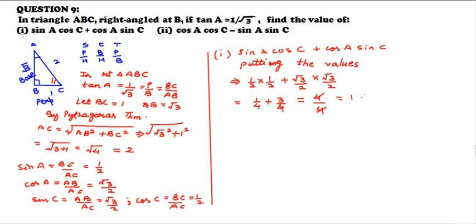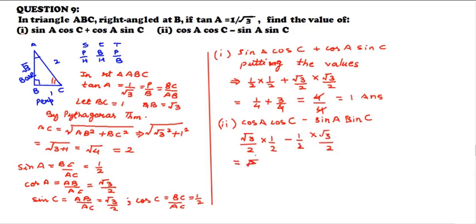Part 2, cos A into cos C minus sin A into sin C. So that is equal to √3/2 into 1/2 minus 1/2 into √3/2. That is equal to √3/4 minus √3/4. That is equal to 0. So this is our answer.